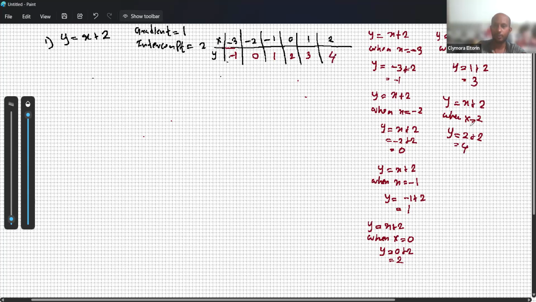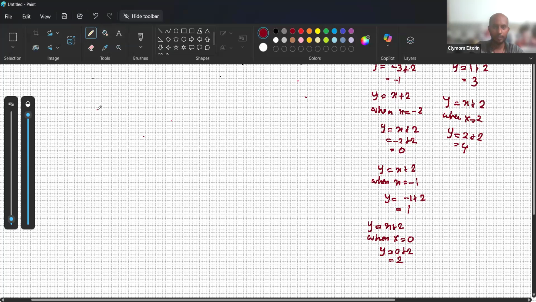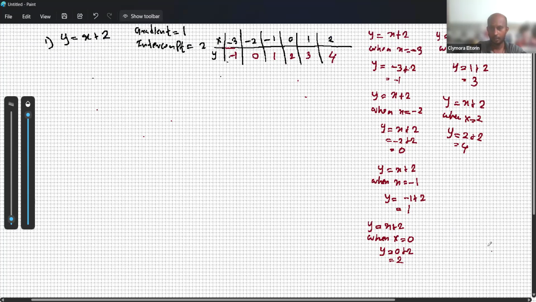Right? Observe the values for y, for the values given for x. Now we have some ordered pairs like this.